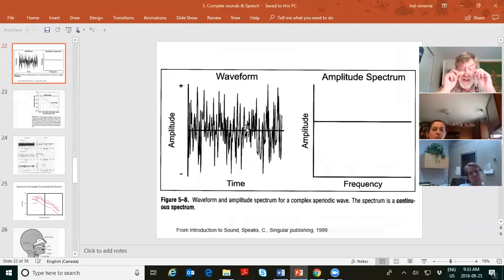Noise is when the sound isn't periodic. Periodic means the sound has some tonality to it, and non-periodic or aperiodic means the waveform has no repetition over time. It's just some random, and that's called noise. Okay, just a little definition for you.